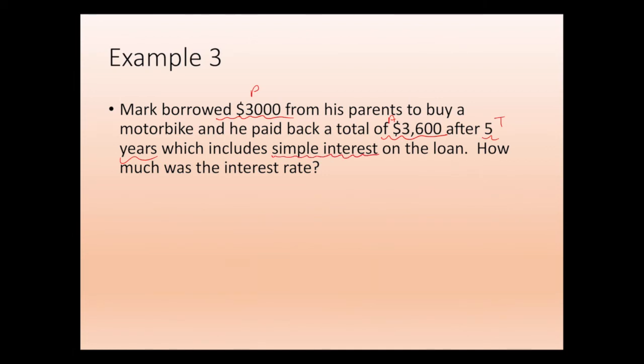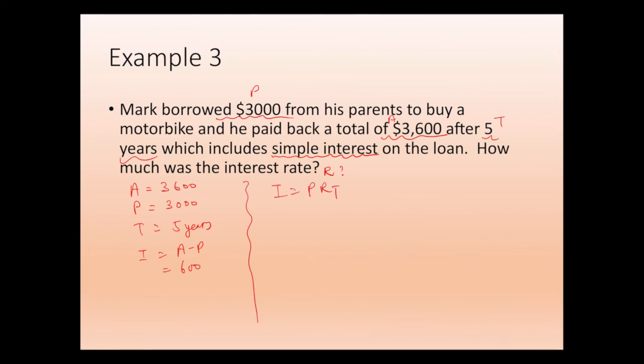Now, we know that the interest is simple interest, so you need to calculate R. R is unknown. So let's write it down. A equals $3,600. P is $3,000. T is 5 years. And we know that I is A minus P, therefore it's $600.